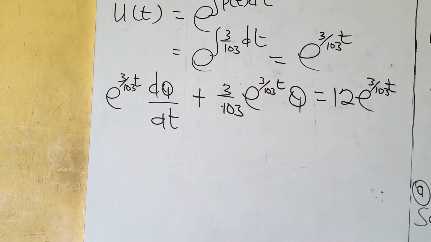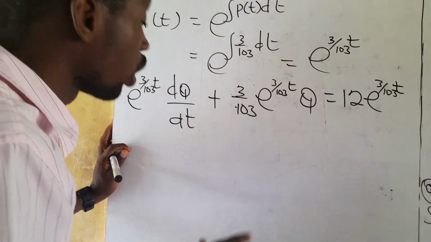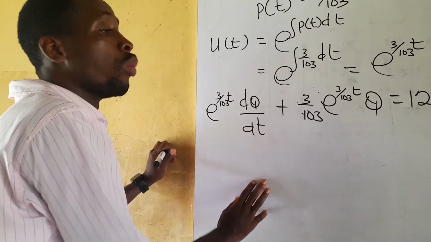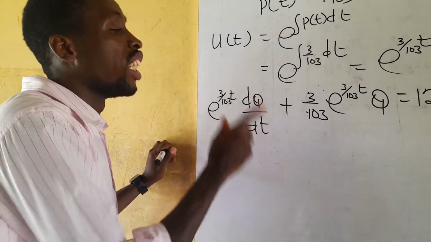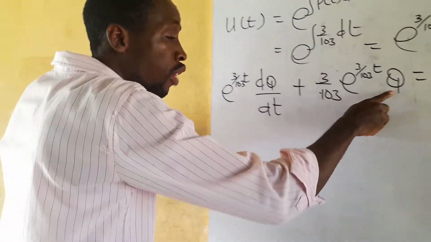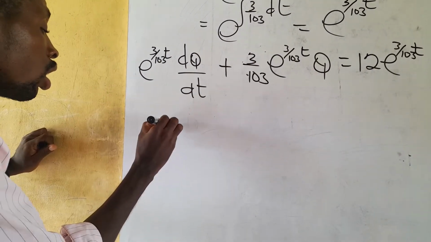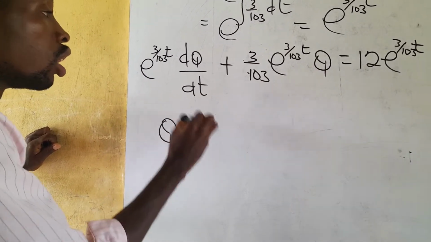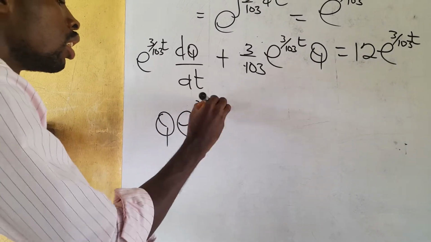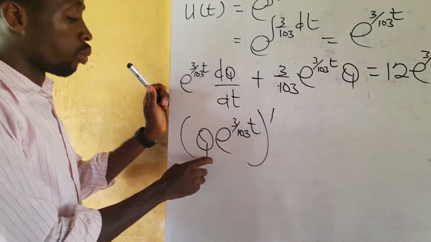So remember, immediately we multiply the integrating factor through our linear first order ordinary differential equation, the left hand side of the equation will be the product differentiation of the integrating factor and the dependent variable, if you remember that. So our dependent variable is q and the integrating factor is e to the power 3 over 103 t. So we say q e to the power 3 over 103 t, all prime. So look at it, this product differentiation.